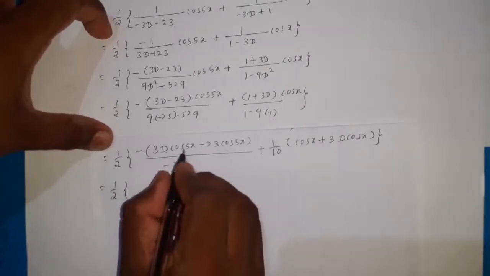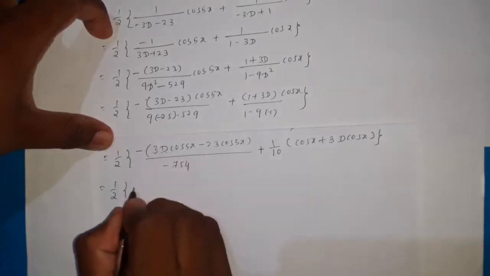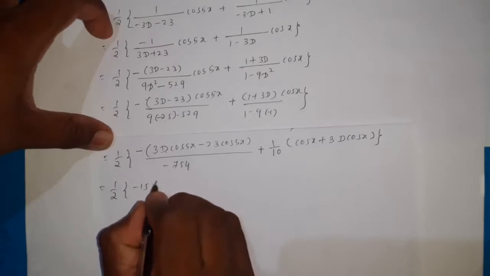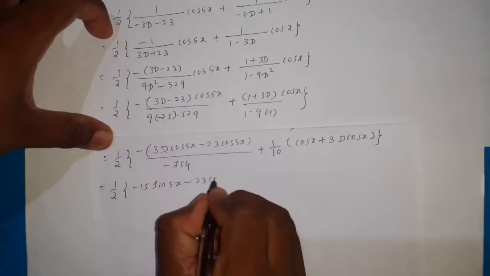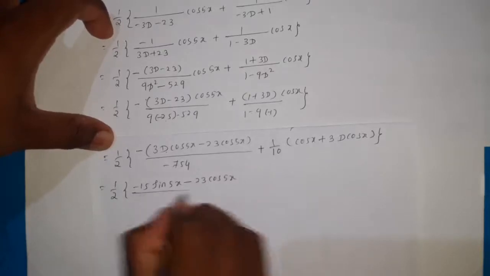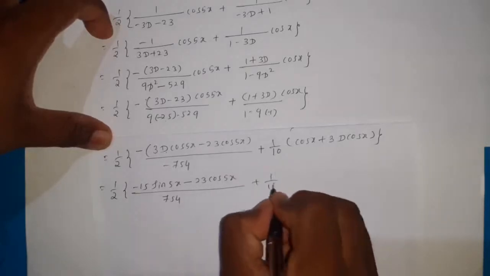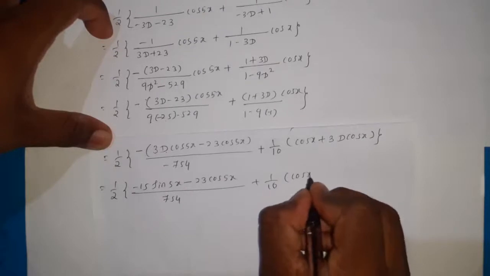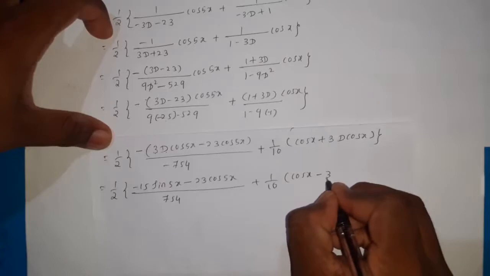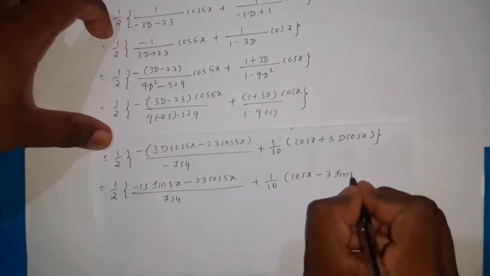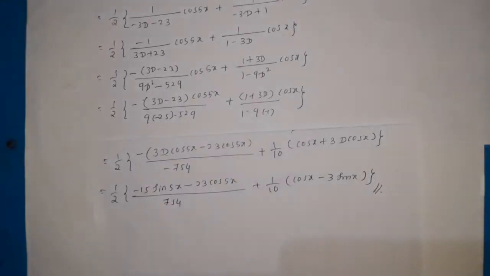So differentiation of cos 5x is minus 5 sin 5x, so already 3 is there, that becomes minus 15 sin 5x minus 23 cos 5x whole divided by 754 plus 1 by 10 into, here it is cos x as it is, then differentiation of cos x is minus sin x, minus 3 is already there, so 3 sin x. This is the required particular integral.